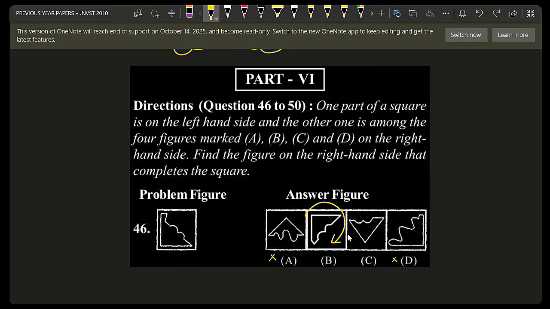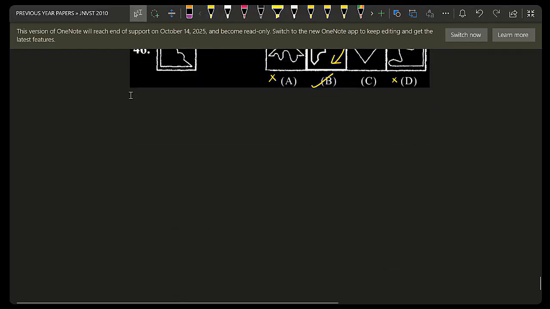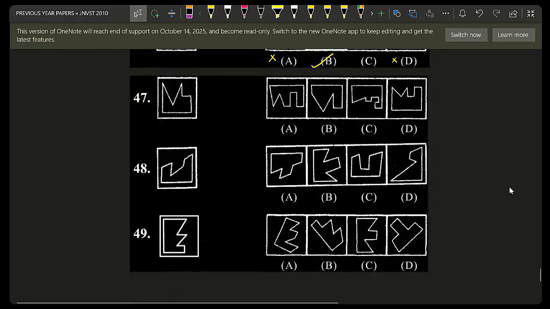So option B is correct. We'll take the next set of questions in this. It's 47 to 49 now.